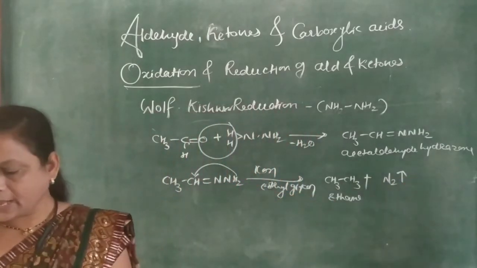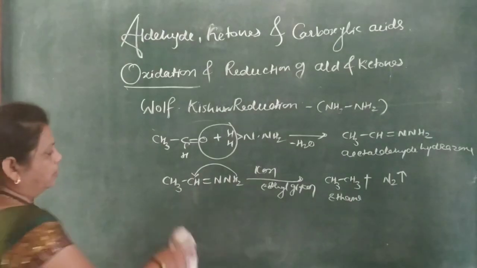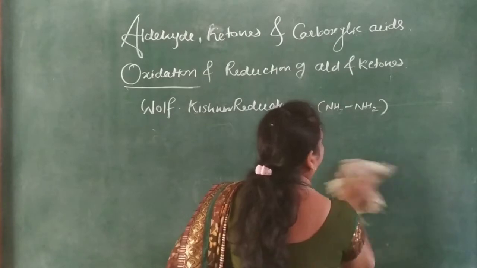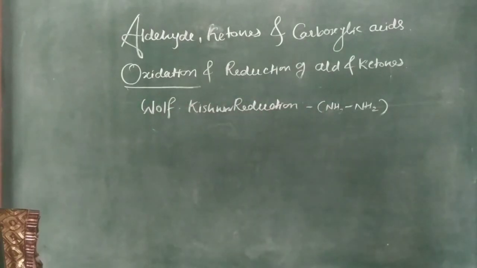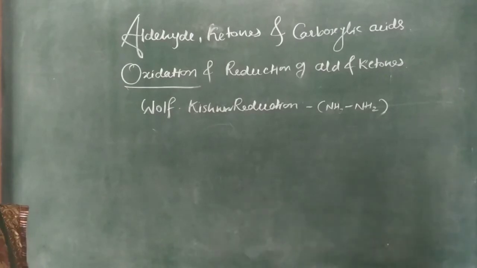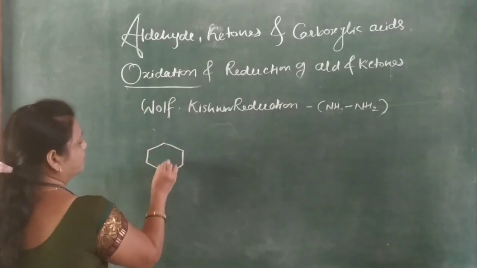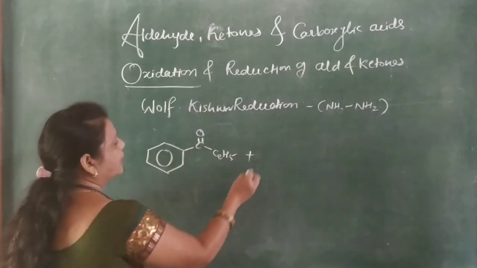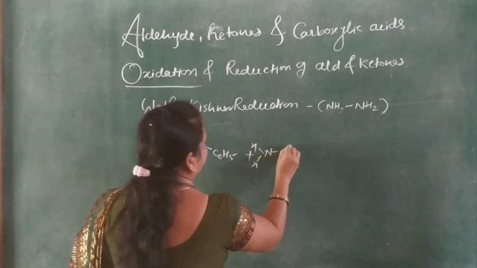Okay. For example, next one, that is ketone. Here benzene, then C double bond O. So here NH2, here NH2.